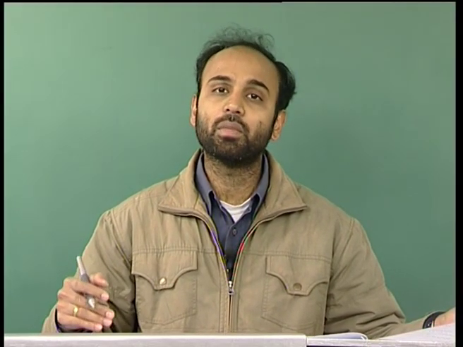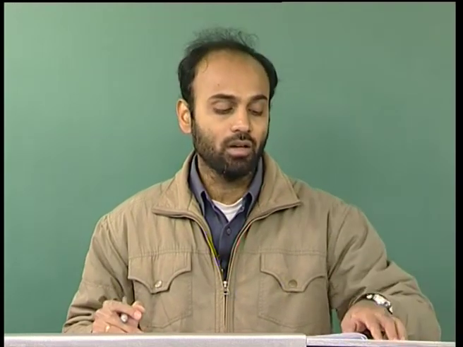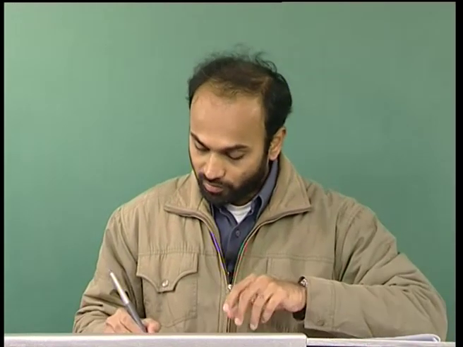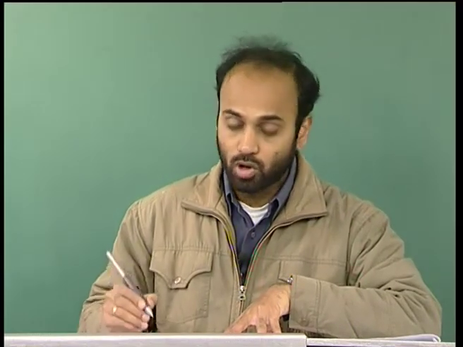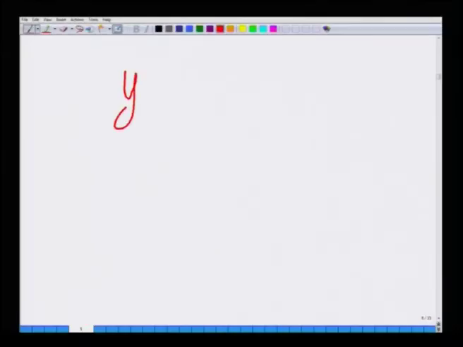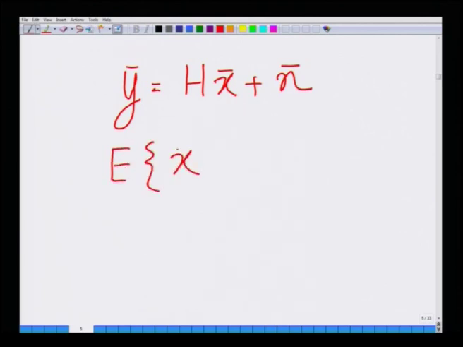Let us see how to derive these quantities and how to derive the MMSE estimator for our given MIMO system. So first let me go back to the system model. Our system model we know is y bar equals H x bar plus n bar. Hence, first let us start with expected x bar x bar Hermitian.